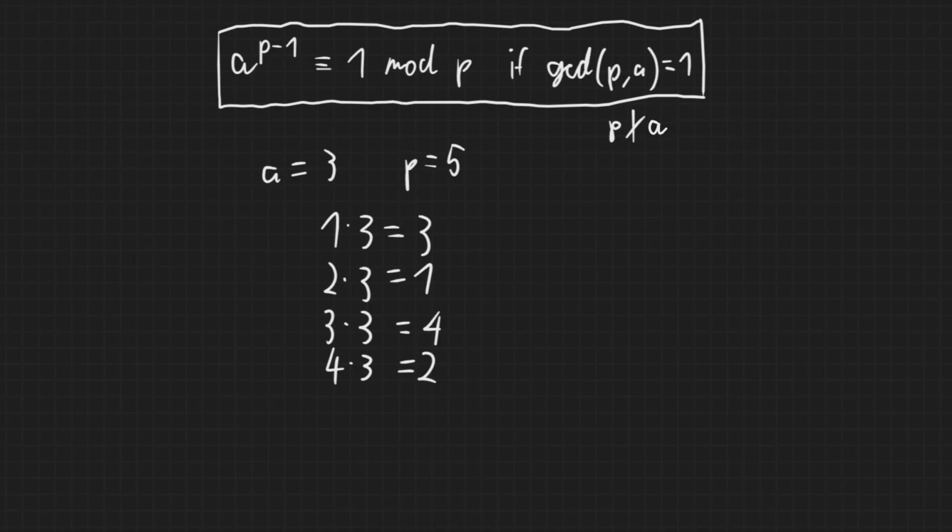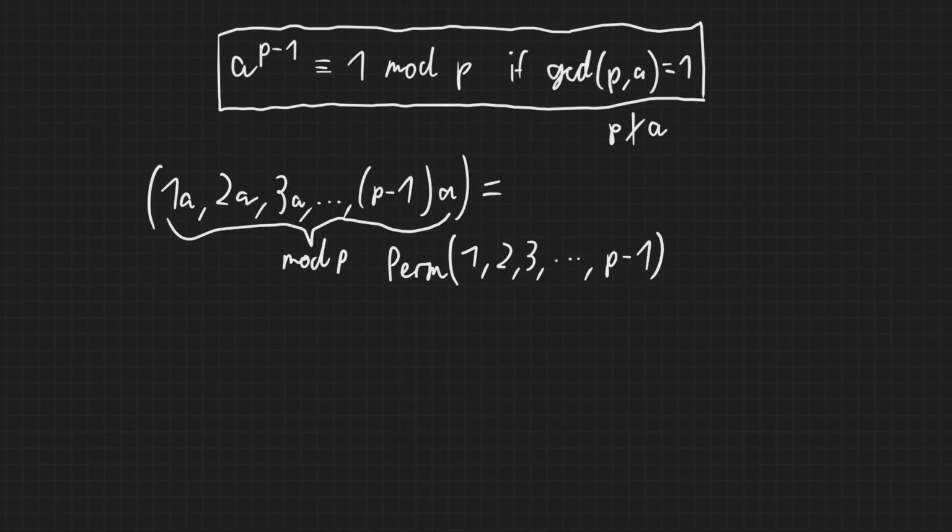And one thing you might notice is that these are simply the numbers from 1 through 4, just in a different order. The question is, is this a coincidence? And as you've probably already guessed, it's not.